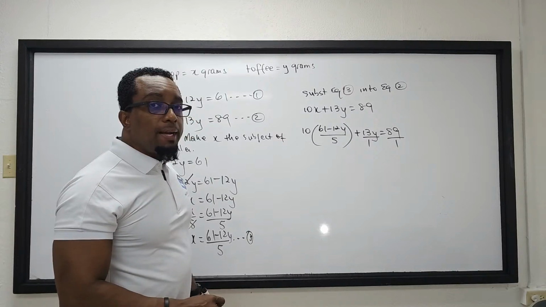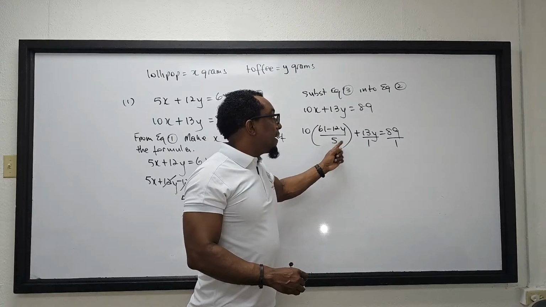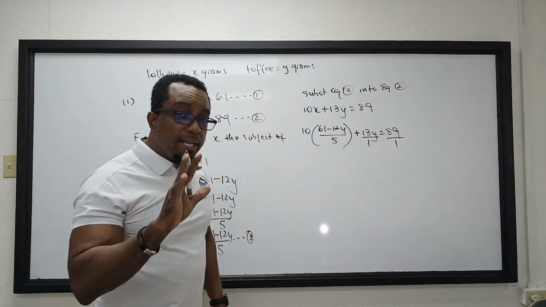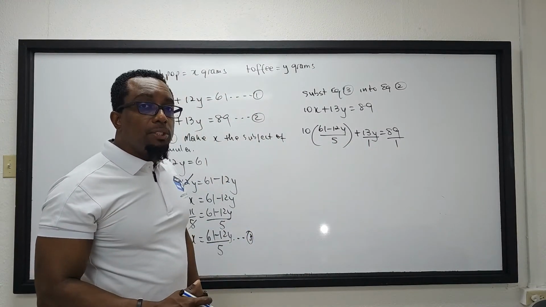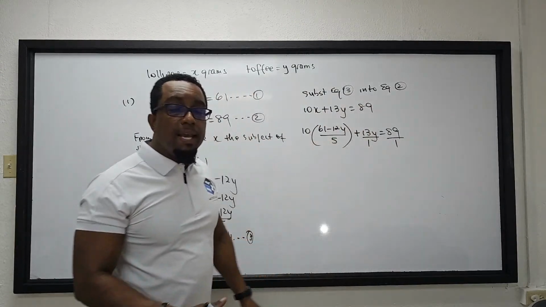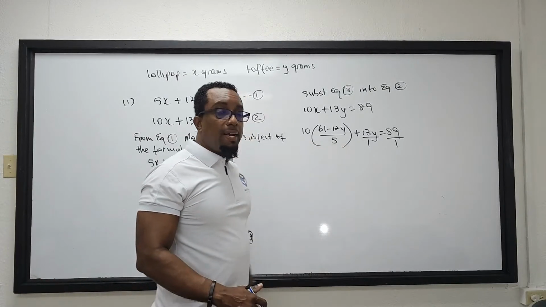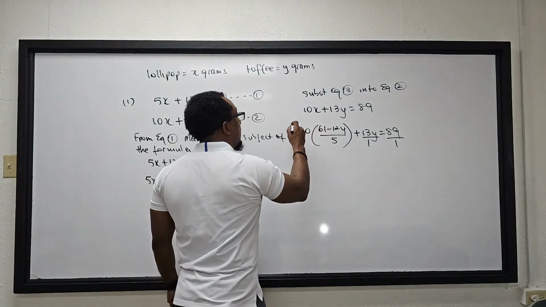So to remove the fraction, we know that the LCM of 5, 1, and 1 is 5. And to remove the fraction, you're going to multiply each one of those fractions by the LCM 5. So I multiply this first fraction by 5.